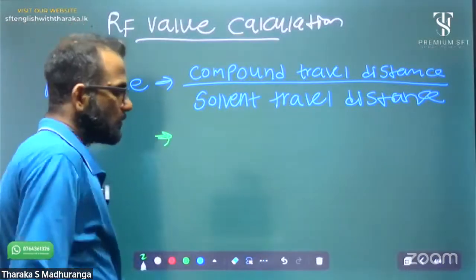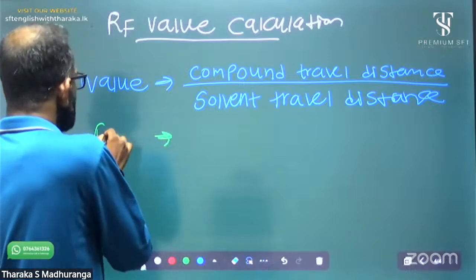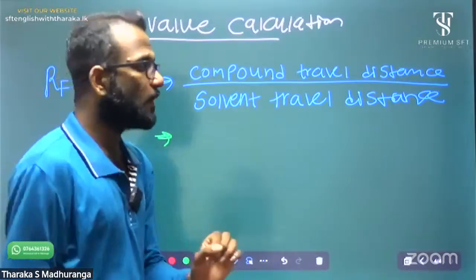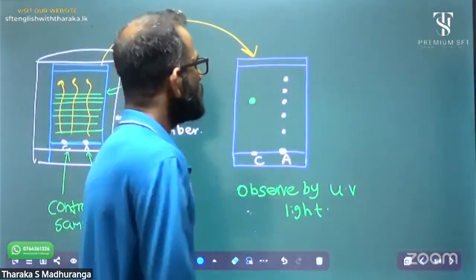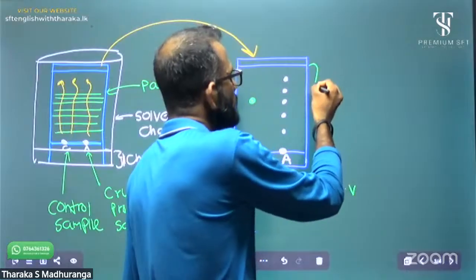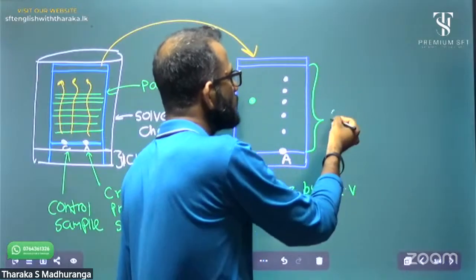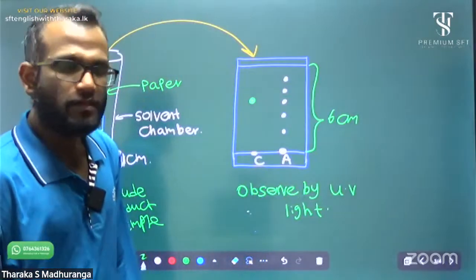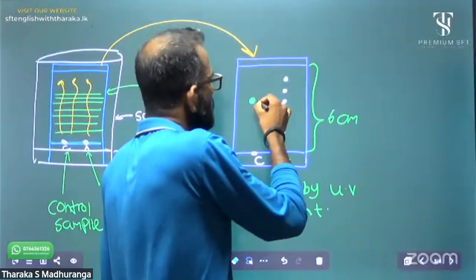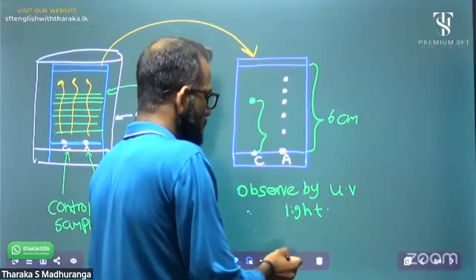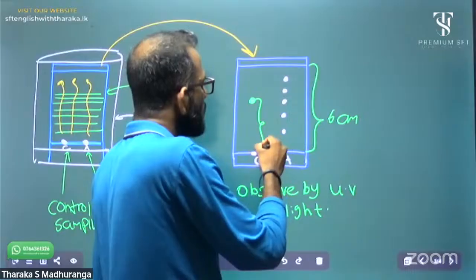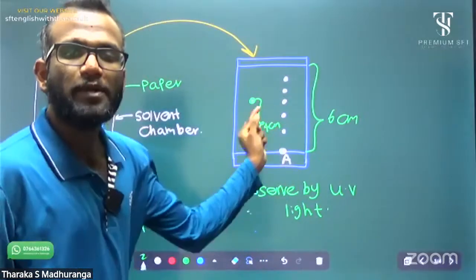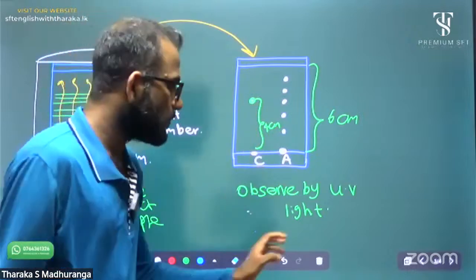Now think of the RF value for the control sample. Say the solvent travel distance is 6 centimeter as an example. Let's assume the control sample travel distance is 4 centimeter, right?